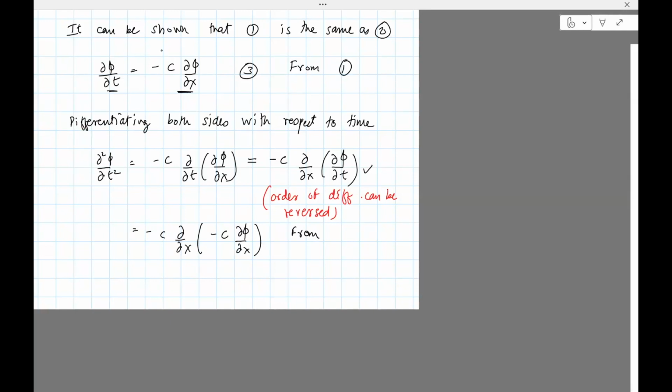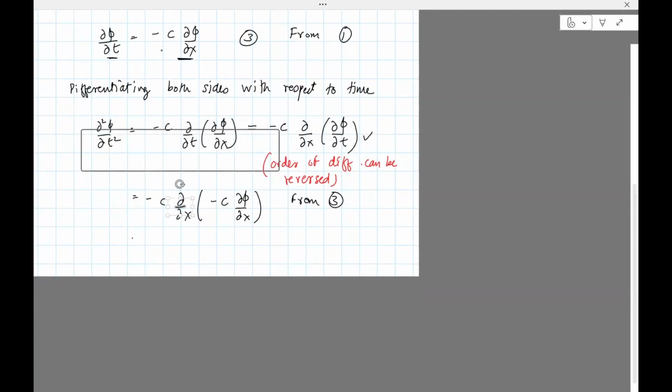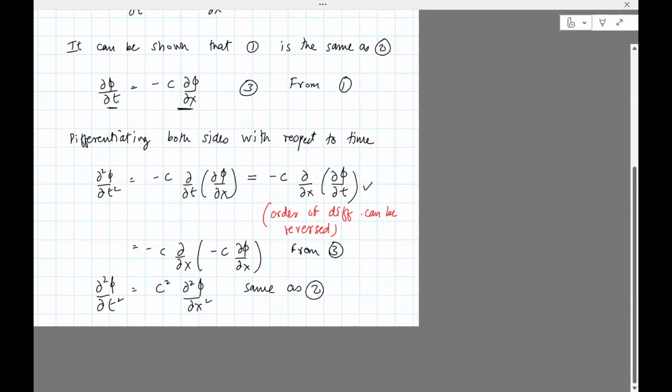So from 3, okay, now we see that's nothing but c squared ∂²φ/∂x², same as 2, which just proves that ∂φ/∂t equals minus c ∂φ/∂x. This expression is the same as this expression after you do all this manipulation. So it is actually a second order equation. Once it's second order, we can use the classification we used to figure out if it's elliptic, parabolic, or hyperbolic. In this case, hyperbolic, because b squared minus 4ac is greater than 0.